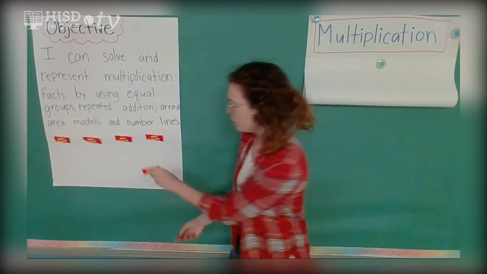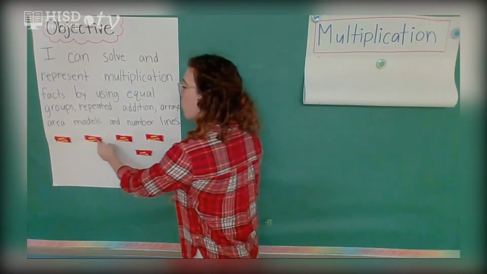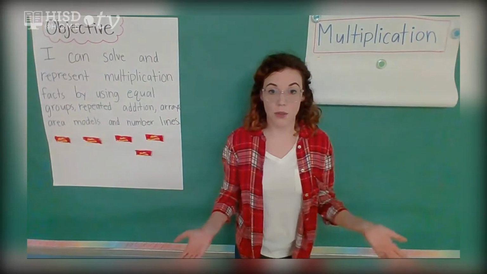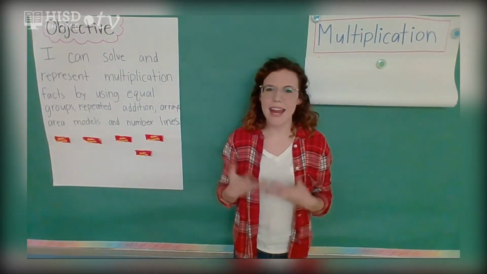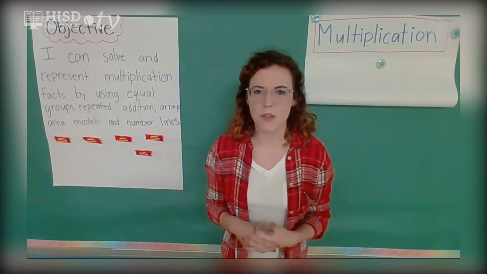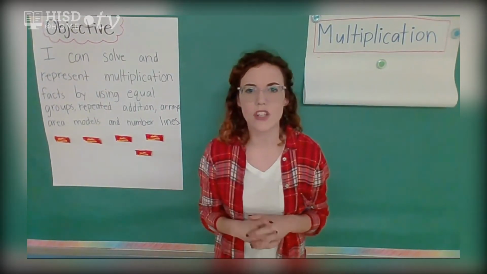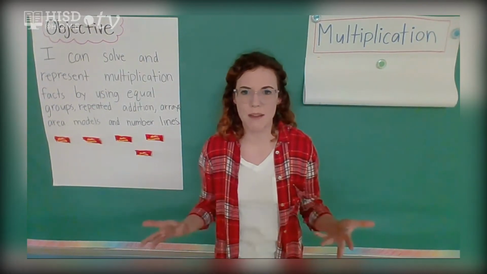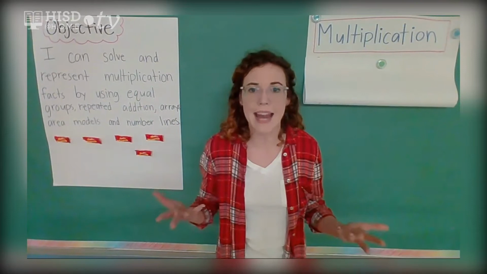So I have 1, 2, 3, 4, 5 packs of Starbursts. I want you guys to think about if I have 5 packs of Starbursts and each package has 2 Starbursts in it, what are some ways I could solve that problem? How could I figure out how many total Starburst pieces I have?